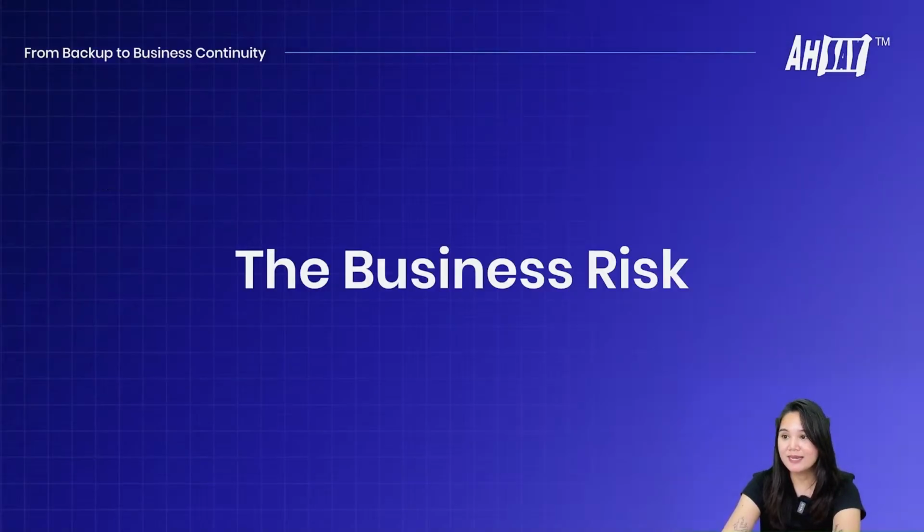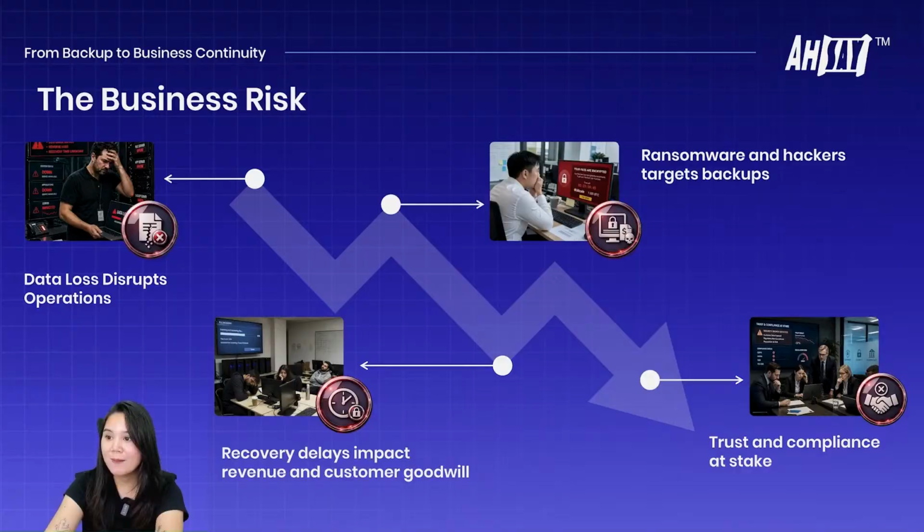So now that we've outlined the agenda, let's look at the business risks driving the need for stronger continuity and recovery strategies. So here's how a single business risk can rapidly escalate into operational disruption. It actually starts with data loss, which quickly disrupts operations and slows down the business. Then ransomware raises the stakes. Modern attacks don't just hit production data, they also target backup data, removing your safety net.